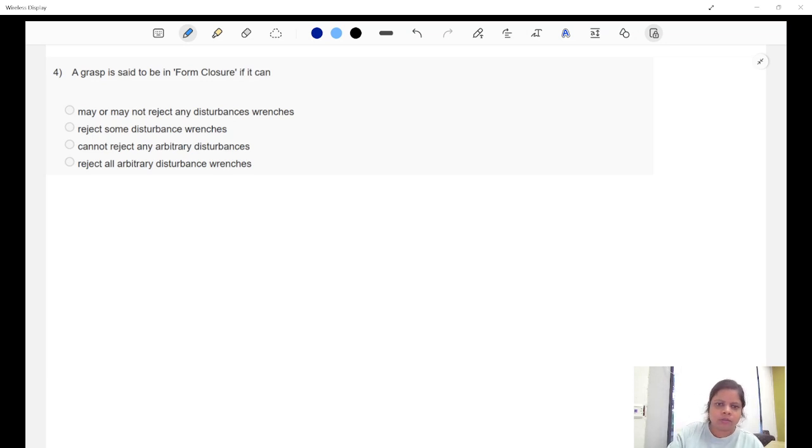Let me bring the question back. Okay, now we are going into form closure. A grasp is said to be in form closure if it can reject all arbitrary disturbance wrenches. The other options were: may or may not reject any disturbance wrenches, reject some disturbance wrenches, cannot reject any arbitrary disturbance.